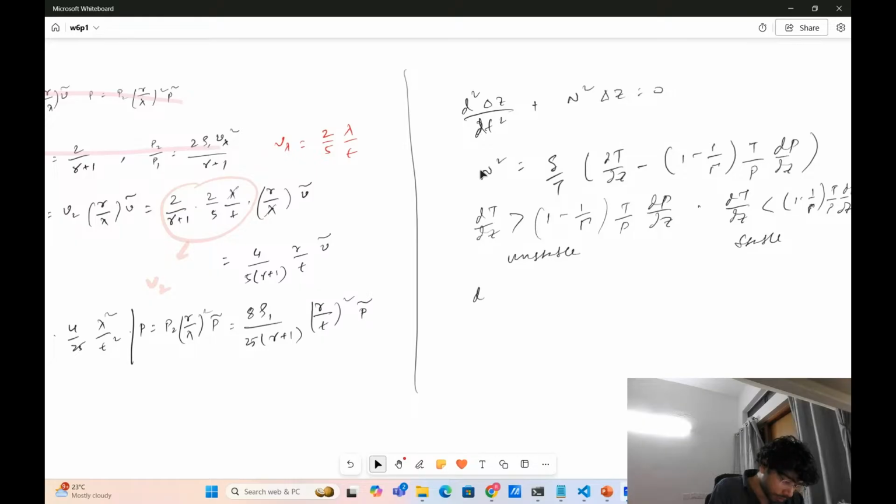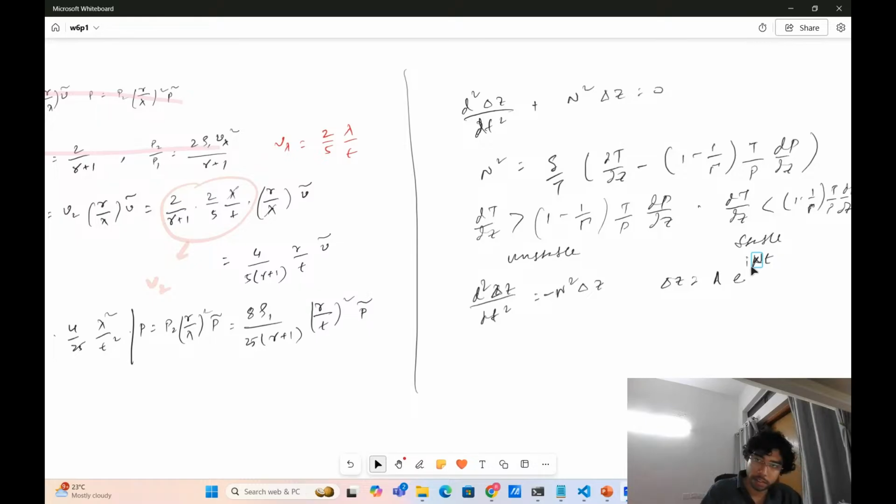Do you know what the solution is for this system with N squared negative? The solution will be delta z equals A e to the power of i N t, which is the oscillation frequency at which this oscillates.